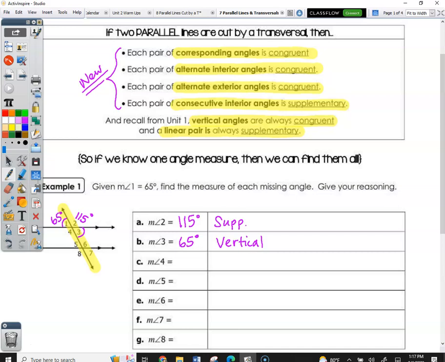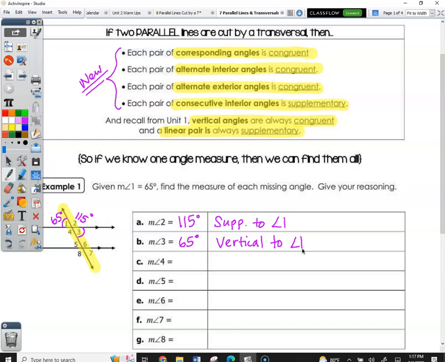But that's the relationship between angles 1 and 2. So you could say it's supplementary to angle 1. Let's write that. Angle 3 was vertical to angle 1, right? So vertical to angle 1.